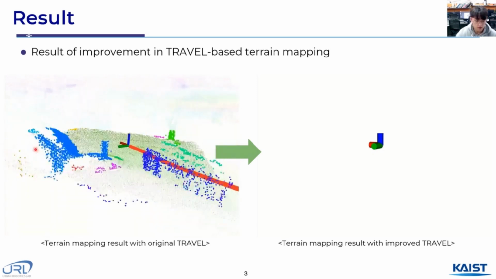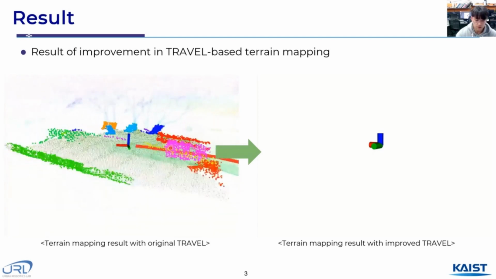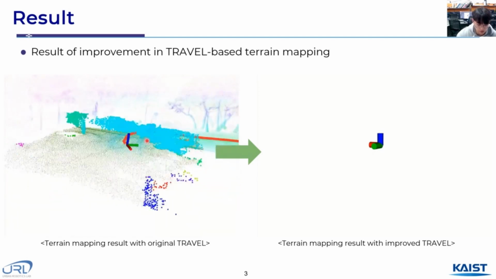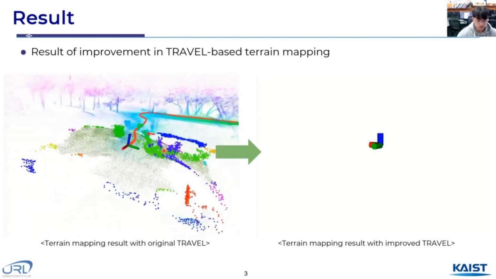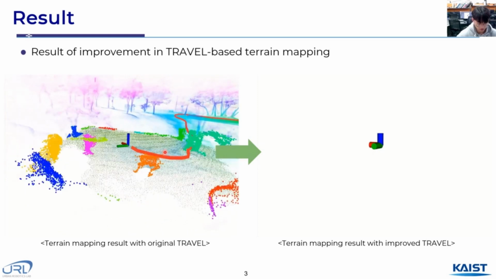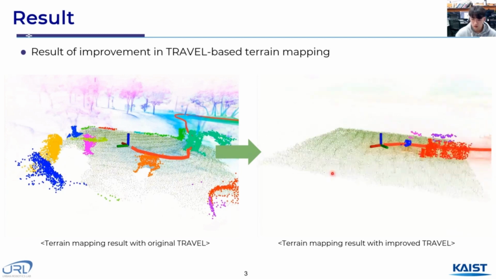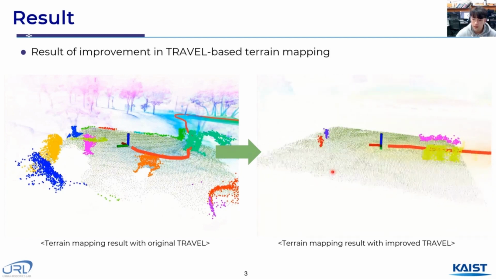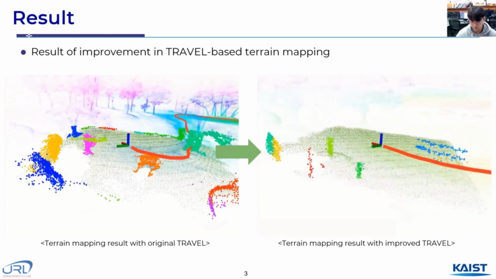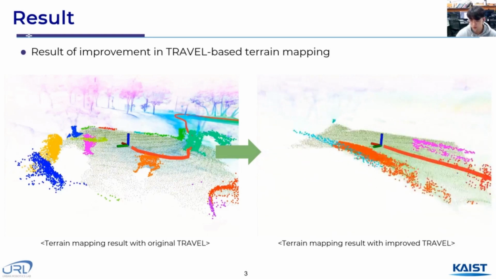So you can find on these boundaries the colored ground data, which is estimated as an object in the original Travel result, but we improved it as shown here, by the method I mentioned before.